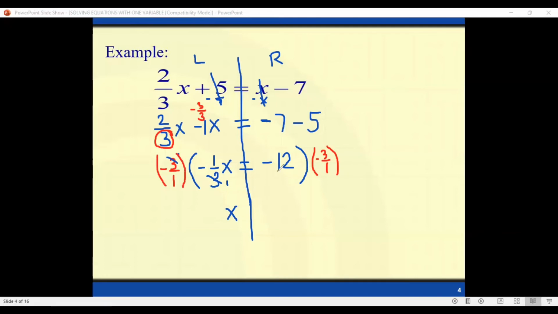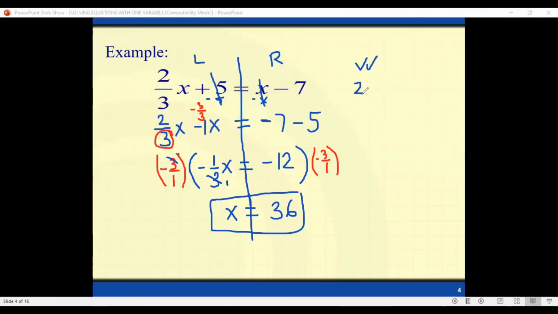And then what happens? The answer that you will be getting here is, of course, equivalent to the product of negative 12 with the negative 3. The answer is equivalent now to 36. So x is equal to 36 is the solution for this linear equation. Now we can do the checking. So how do we do the checking?